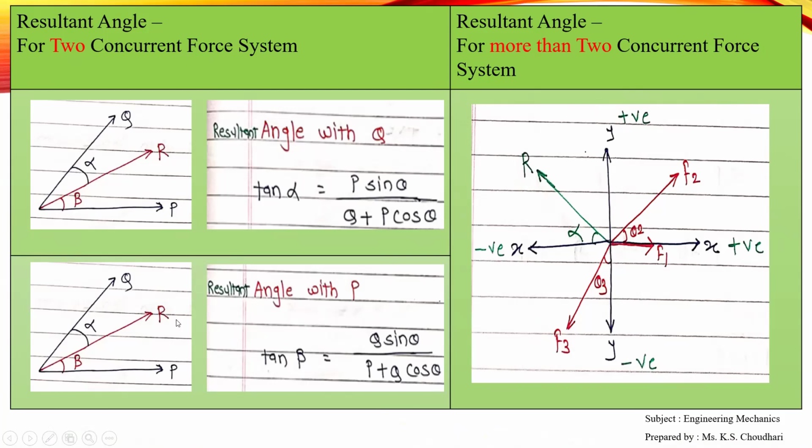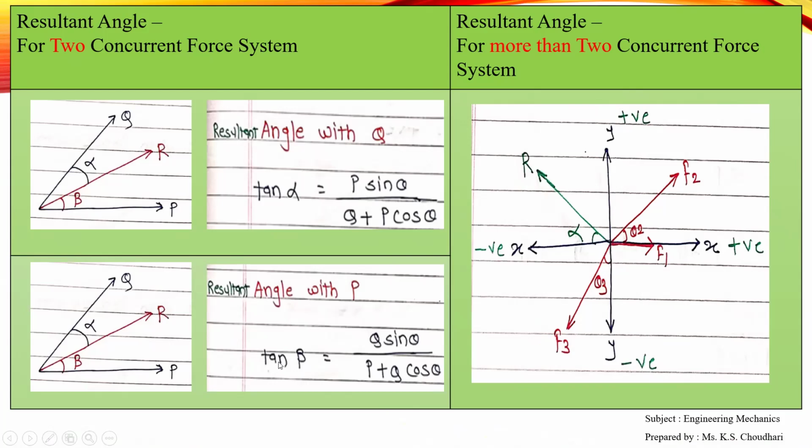Okay. Now we will find the angle beta, that is the angle which the resultant makes with force P. So write down tan beta here, beta just because beta is here.